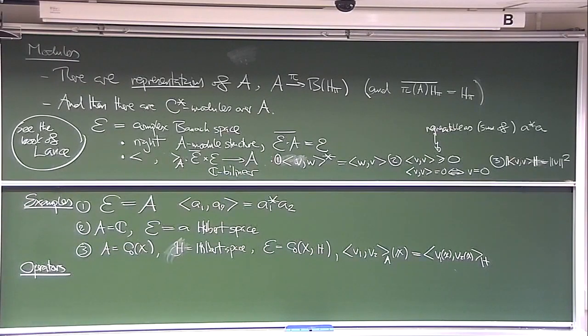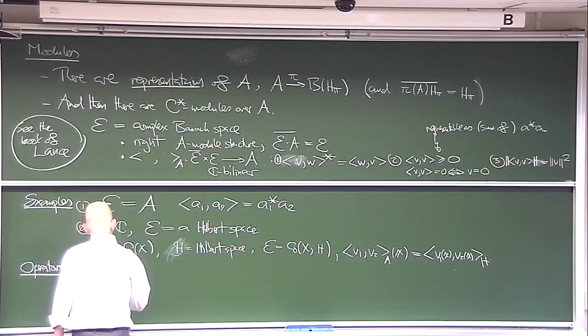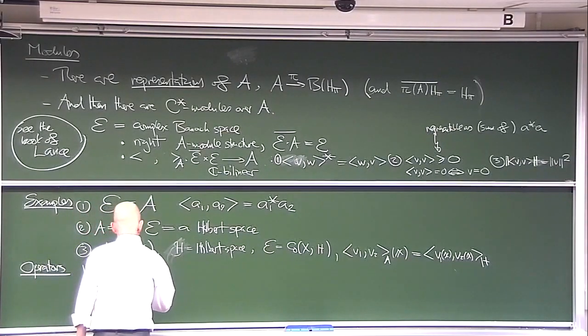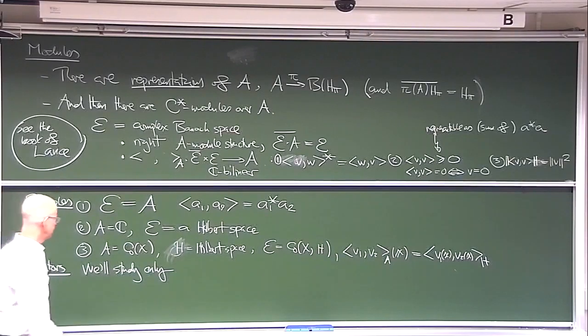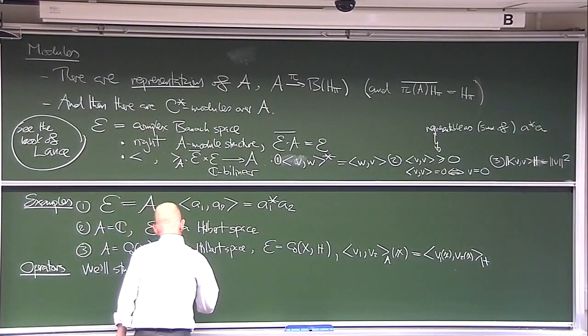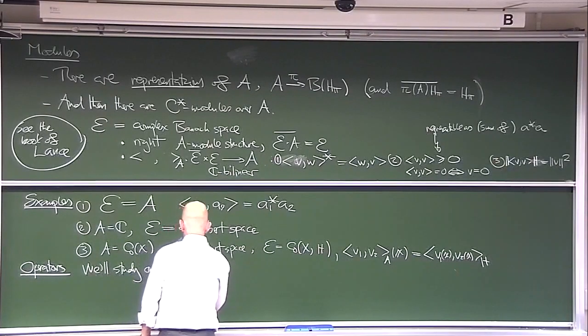I need to say just a couple of words about operators on these modules, or from one module to another, just a single module for now. We'll study only what are called the adjointable operators, so from now on this will be taken for granted.